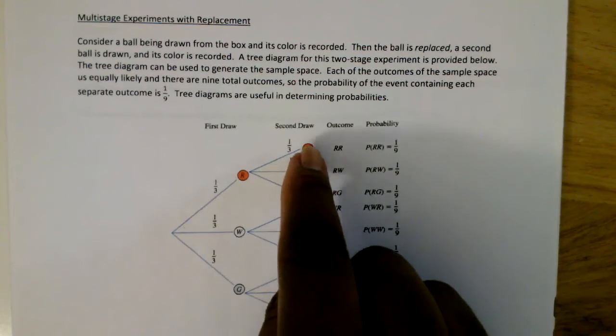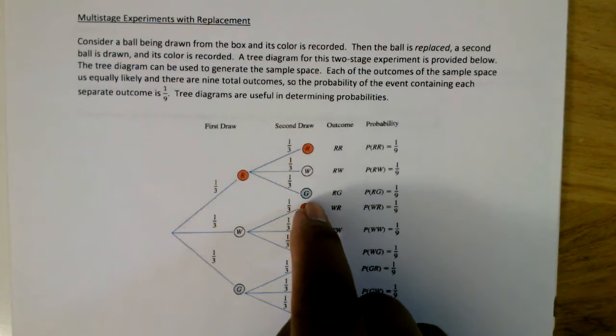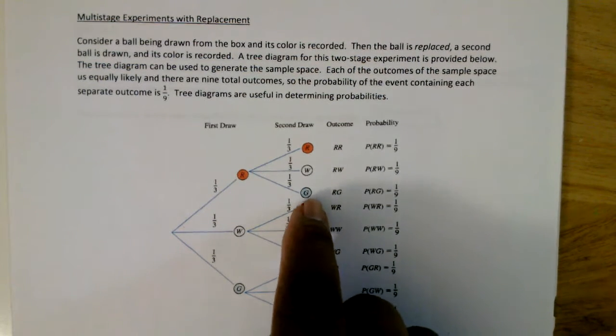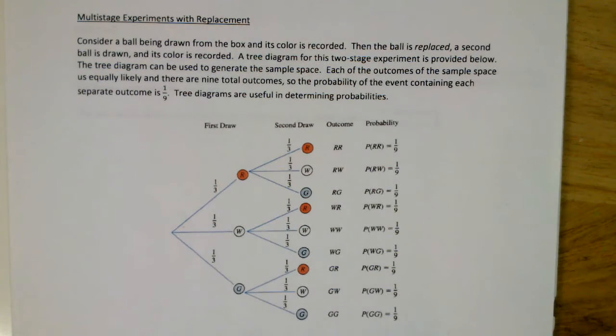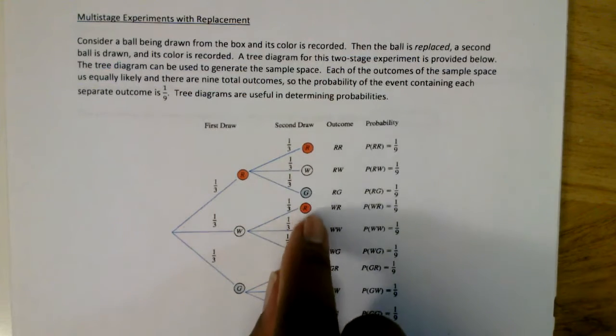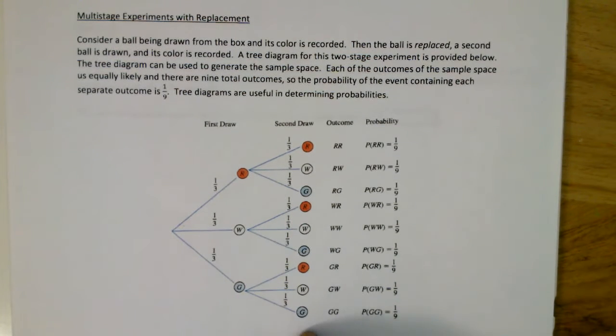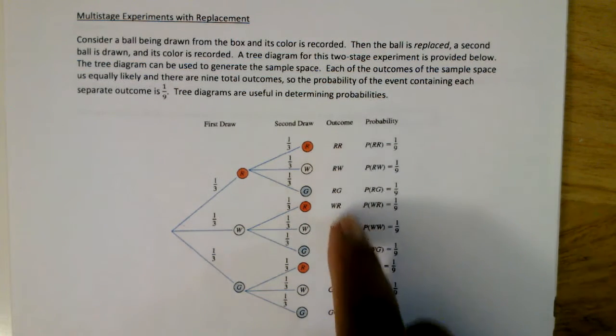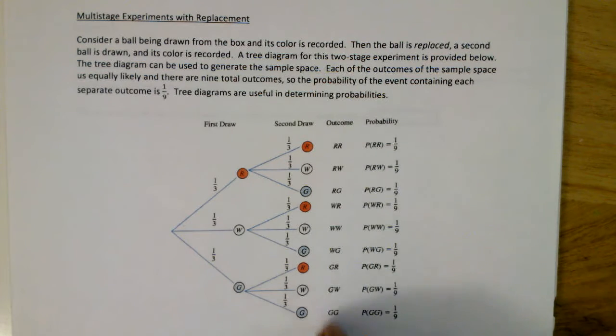So on the second draw, it's still going to be a probability of 1/3 because you still have 3 possible balls to draw, a red, a white, or a gray. As you can see for each one of these branches, these are all the possible outcomes, and each outcome has a probability of 1/9. So this is an example of a tree diagram where a ball is drawn with replacement.